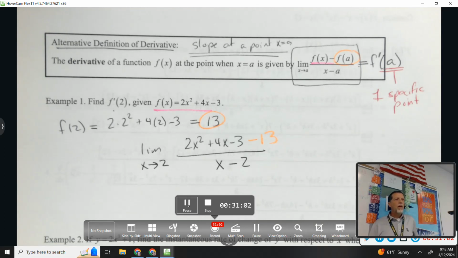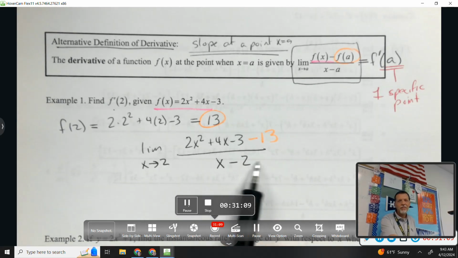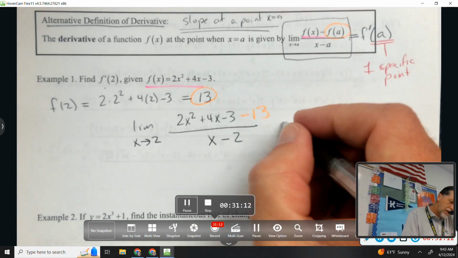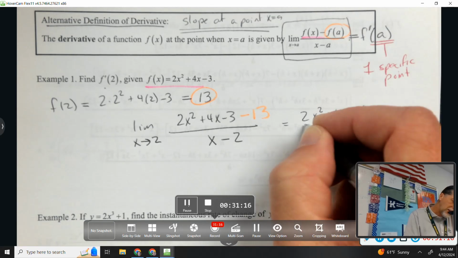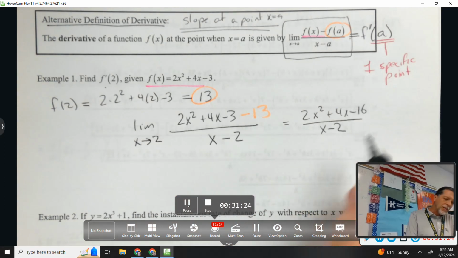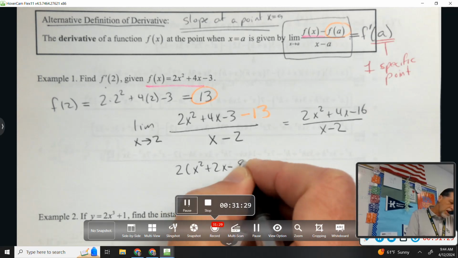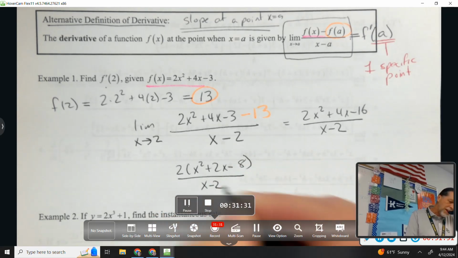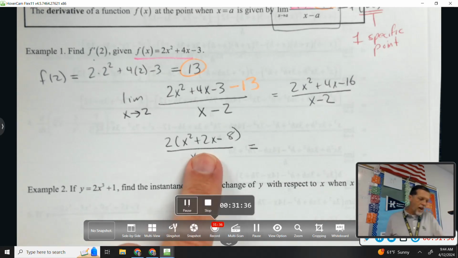We skipped over this last. I'm supposed to substitute first, but I'm always going to be getting 0 over 0 until I do an algebra trick. So let's see. 2x squared plus 4x minus 16 over x minus 2. Let's factor out a 2. Again, I'm being lazy with the notation here. Shame on me. I'll put it back in a minute. Factor out a 2. Then I can factor what's in there.